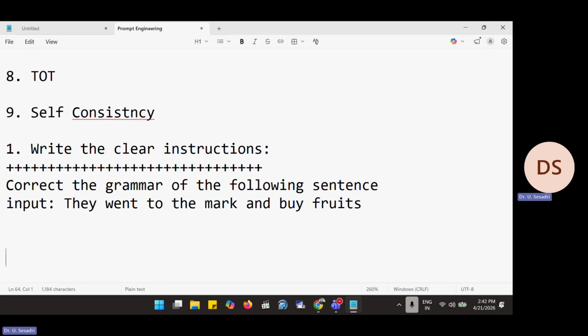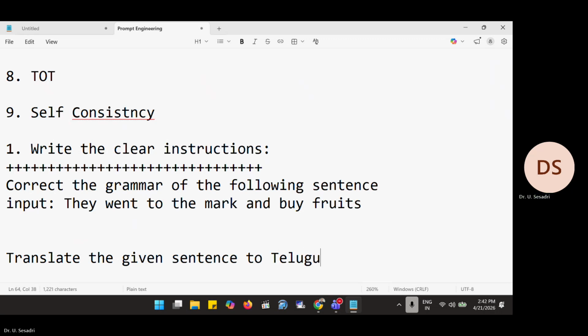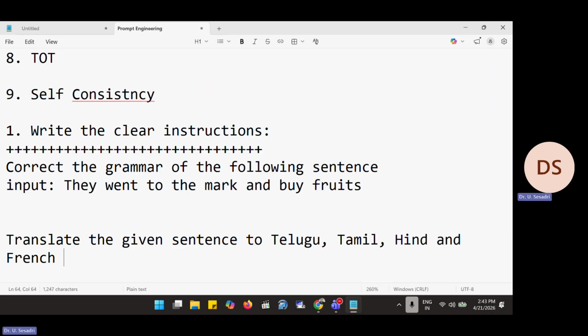Suppose you give the instruction like this: translate the given sentence to Telugu, Tamil, Hindi, and French. Output.